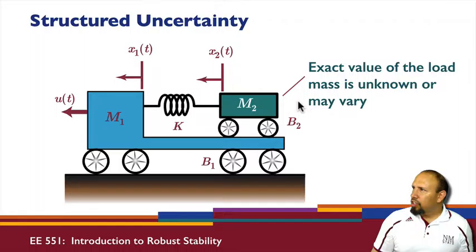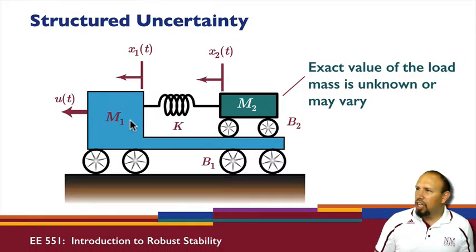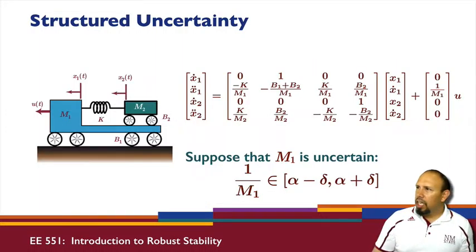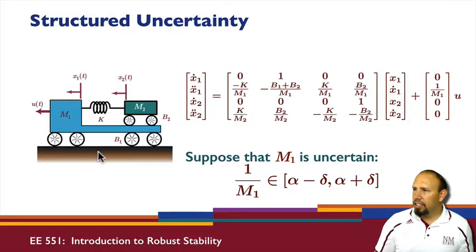In terms of structured uncertainty, suppose that the exact values of our masses and springs and all those things have uncertainty associated with them. Here is a model: if we go through and obtain a state model for our system, this is what we get. Now I'm going to assume that M1 is uncertain. Notice that wherever we see M1, we actually see 1 over M1.